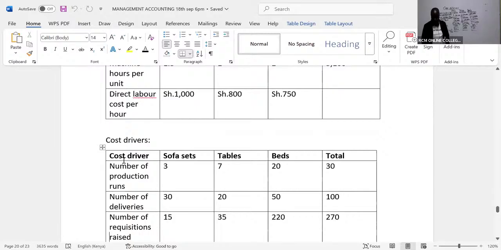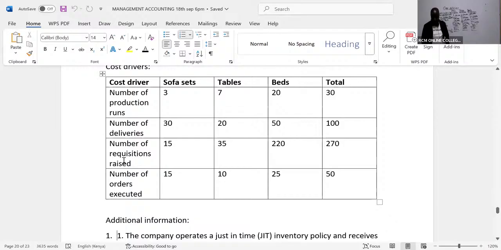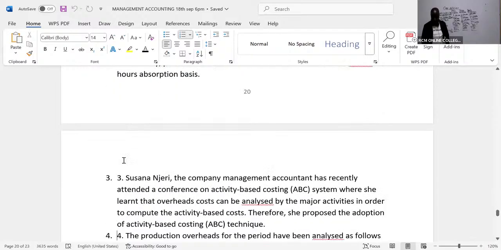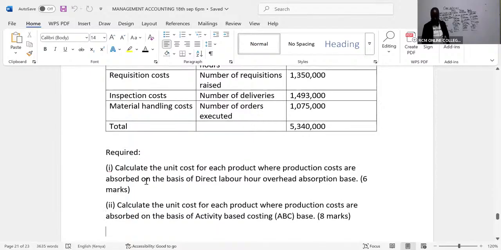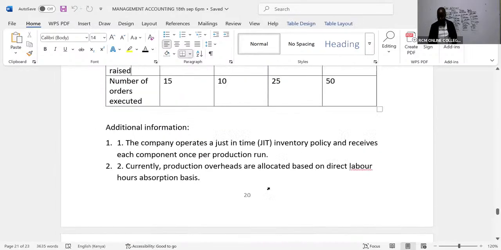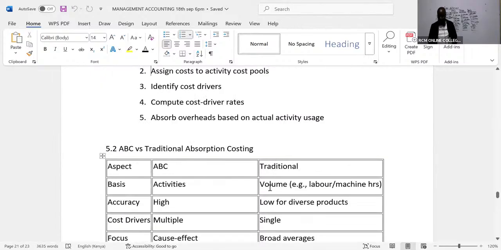You can see number 2: Calculate the unit cost for each product where production costs are absorbed on the basis of activity-based costing, ABC. Then I would want to refer back to my handout. What is this animal called ABC?